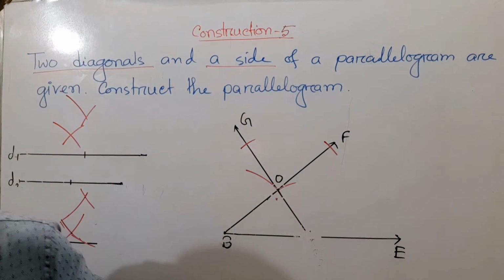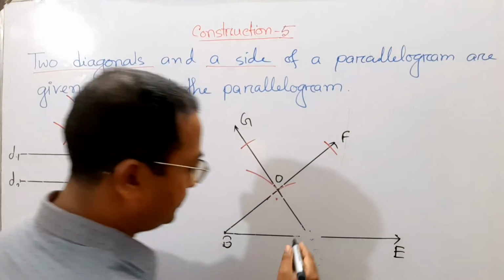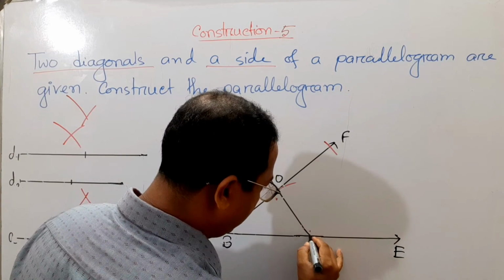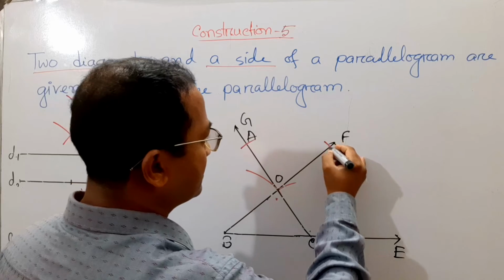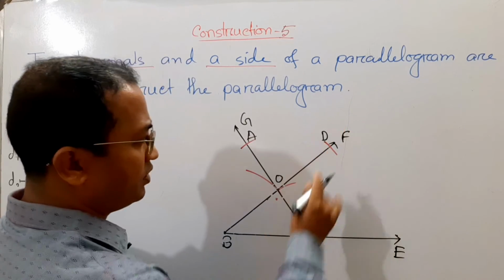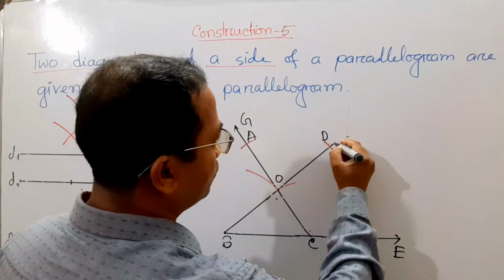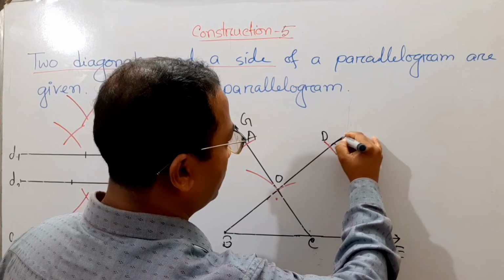So look, this is A and this is D. You need to expand it more.